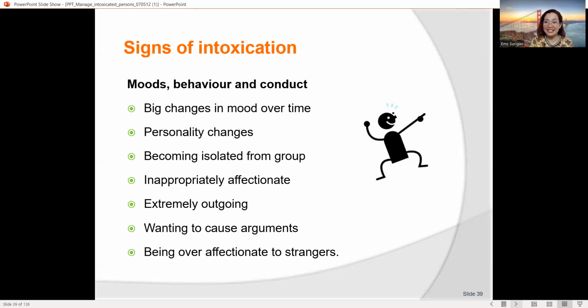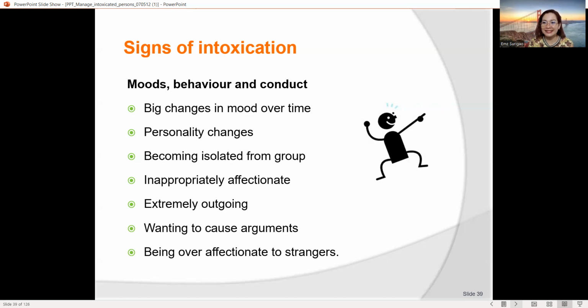Personality also changes, becoming isolated from the group, inappropriately affectionately touching or hugging anyone, kissing anyone, because they cannot control or inhibit their actions.